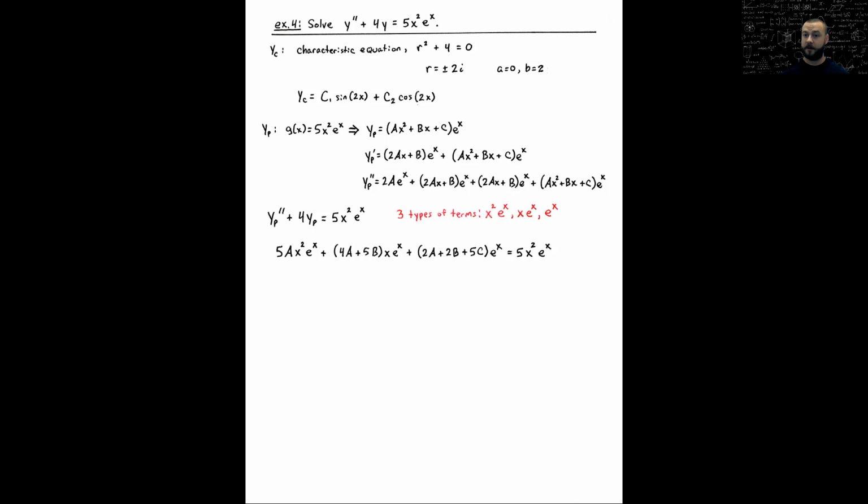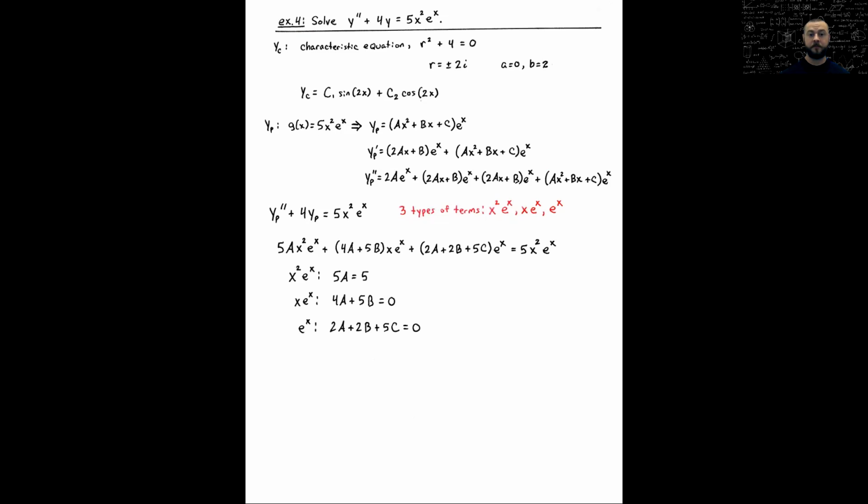The non-zero right-hand side is 5x squared e to the x. Now we have our equation, the result of plugging in yp and its derivatives, and we can equate coefficients on both sides. And again, the things that we are equating coefficients of are these 3 like terms, x squared e to the x, x e to the x, and just e to the x.